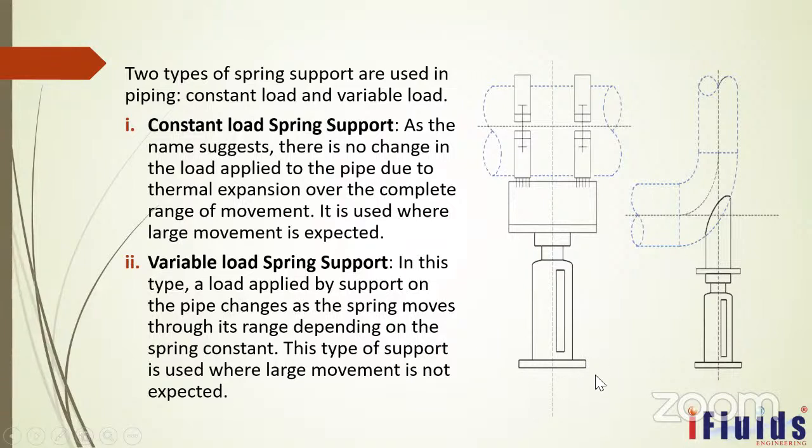It may be a concrete foundation or a structural pipe rack. The spring inside will take over the shock load due to the vapor from the pipelines. Mostly it is used for large diameter pipelines and steam pipelines.